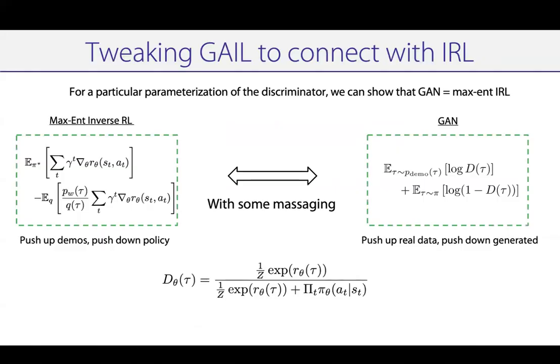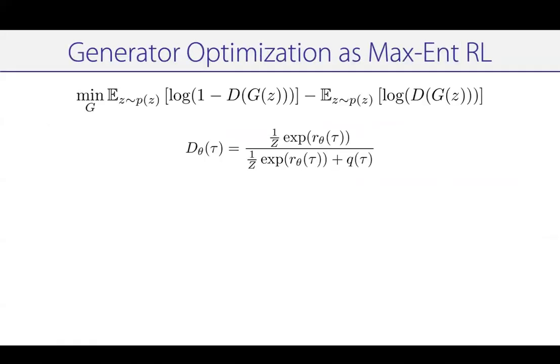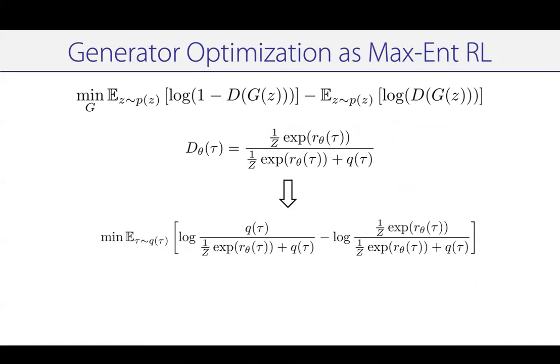So what we're going to do here is take this objective, which is the generator objective. If you remember, it's trying to confuse the discriminator, and then there's this term for optimization reasons. You stick in this definition of D into these terms, and what will come out is something that looks like this, right?